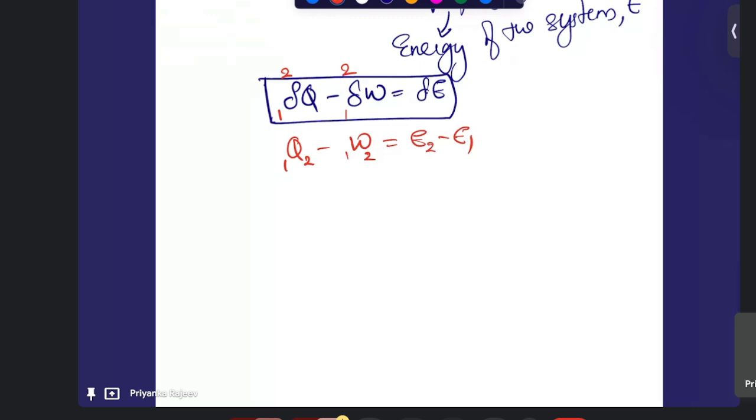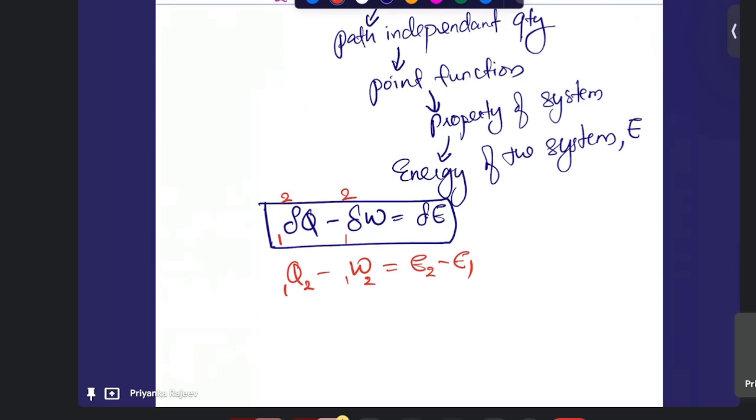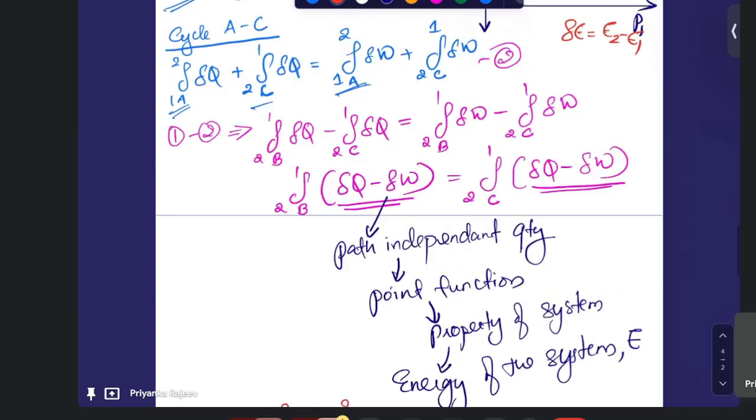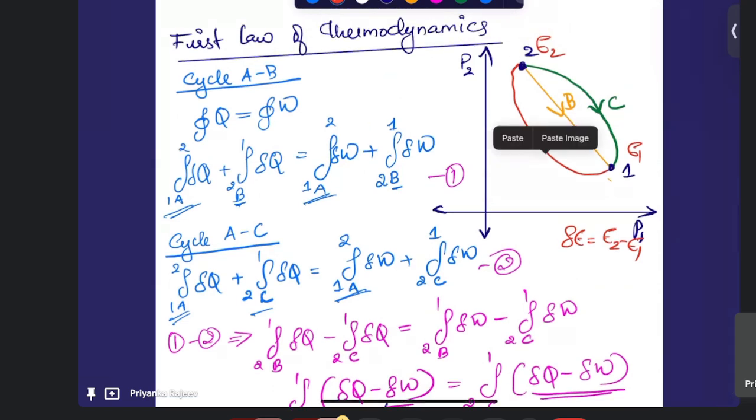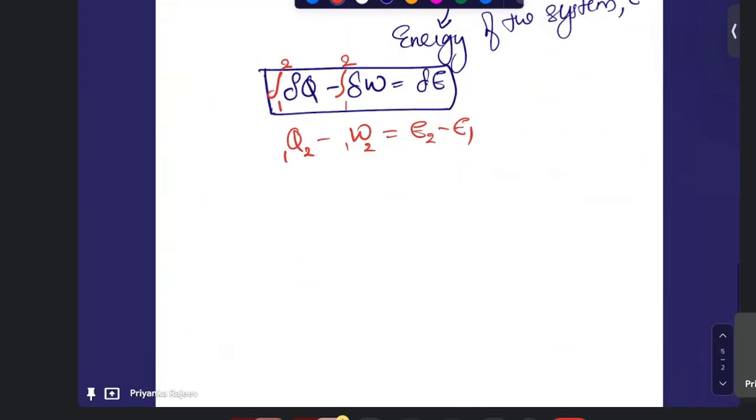So work and heat are two path dependent properties, because you cannot calculate work or heat without knowing the path. If I take path B, that work will be different. Path C, the work will be different. For path B or C, the heat will also vary. But energy doesn't depend on the path.